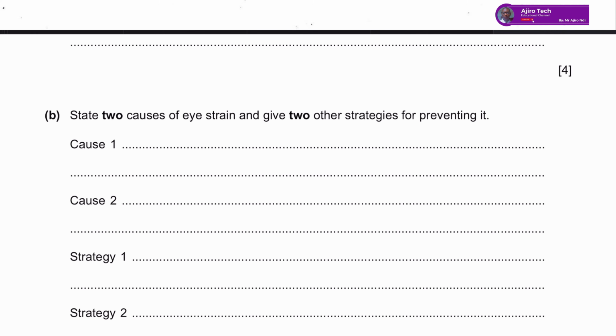Let's look at the next one. State two causes of eye strain and give two other strategies for preventing it. So when we talk about eye strain, we're simply saying that when you're staring at a computer screen for a long period of time, it could be when you're having incorrect lighting. That can actually be a cause. Okay, so let's look at the cause one and then the cause two.